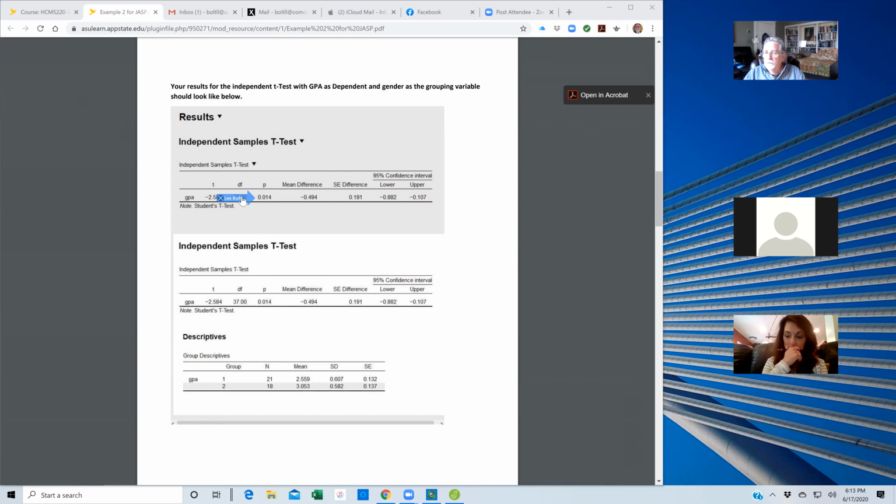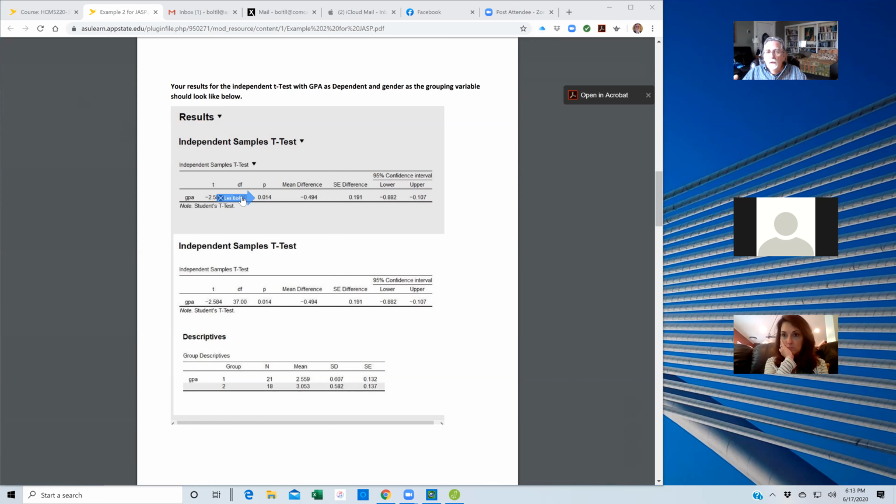the p-value. That is the significance level. Sometimes on some procedures it'll just be called sig or significance. But it's the p-value, which is the probability. P stands for probability, but it also signifies significance levels.